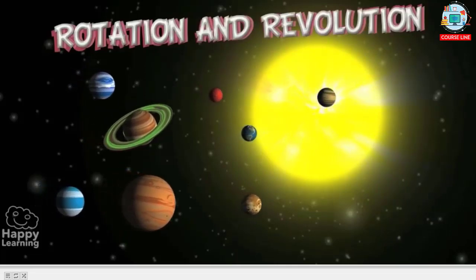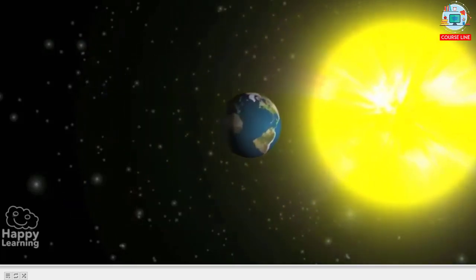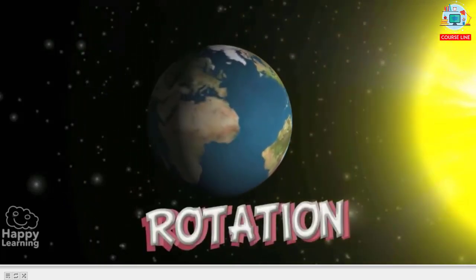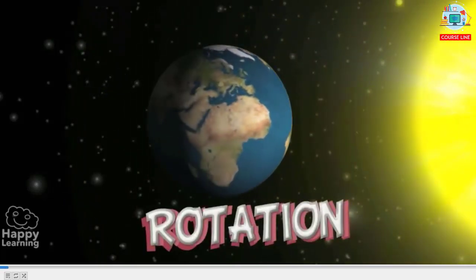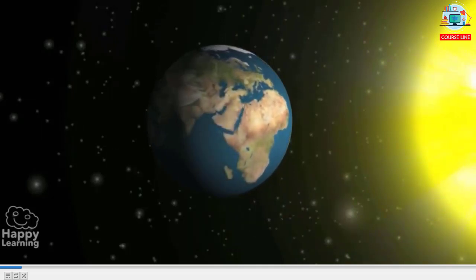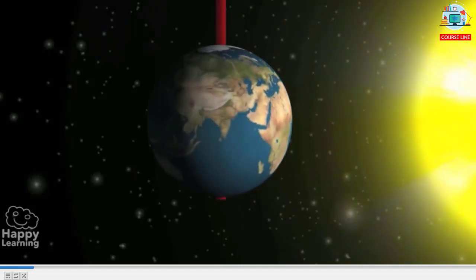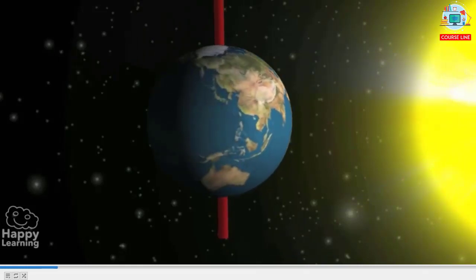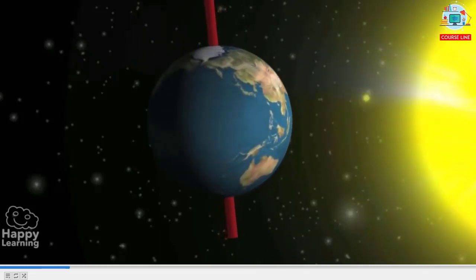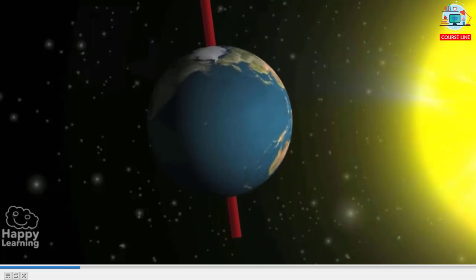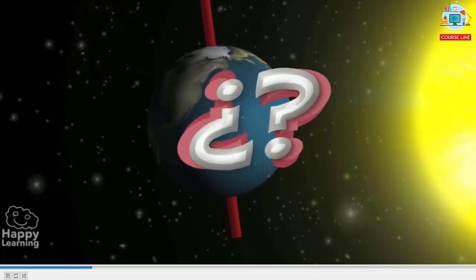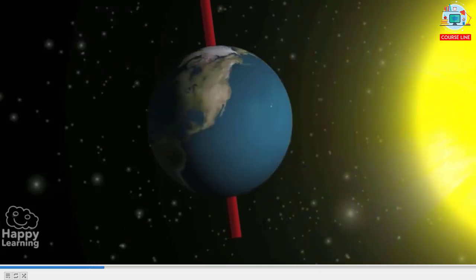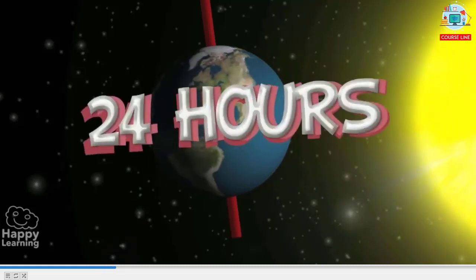All the planets revolve around the sun in their orbits. Let's see about Earth's rotation. Our Earth rotates from west to east on its axis. Axis is an imaginary line which connects the North Pole and South Pole, and our axis is tilted by 23.5 degrees. How much time does our Earth take to complete one rotation?